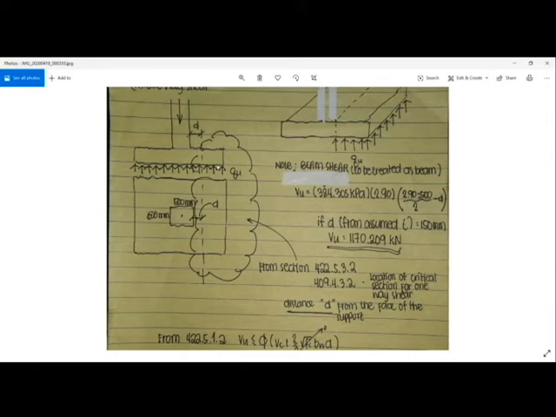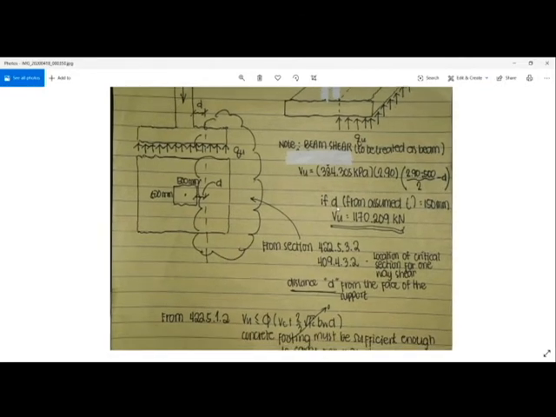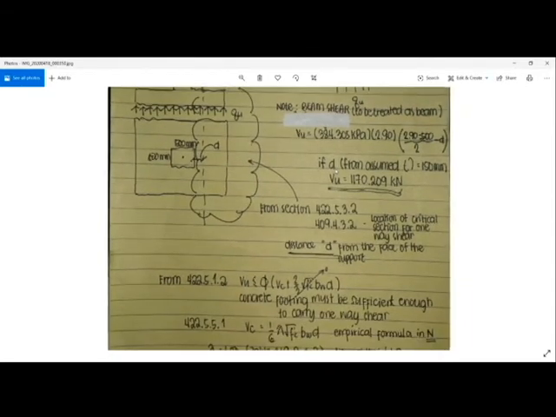Ang dimension natin is equal to 2.9, 2.9 minus the column dimension, which is equal to 0.5. We divide it by 2, makukuha natin to. Pero binawasan pa natin ng D. So 2.9 minus 0.5 over 2 minus D. So tandaan, ang D na to is in meter, pero kailangan nasa millimeter siya.